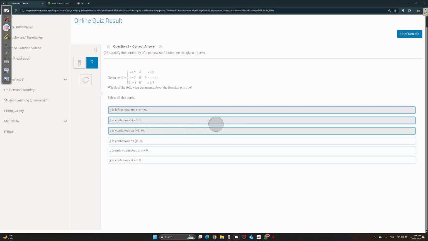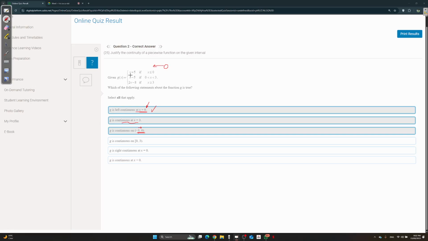So let's take a look. We agreed that it's left continuous at x equals 0. So everything that approaches 0 from the left will be continuous. We agreed it's continuous at x equals 3. Alright, here they're saying g is continuous on minus 3, 0. We said it's left continuous at 0, so that means everything before 0 is continuous.